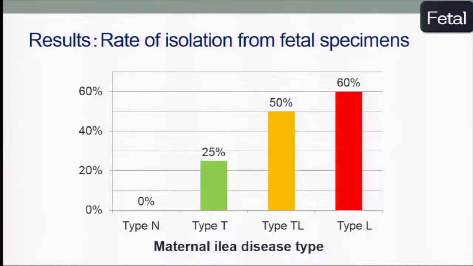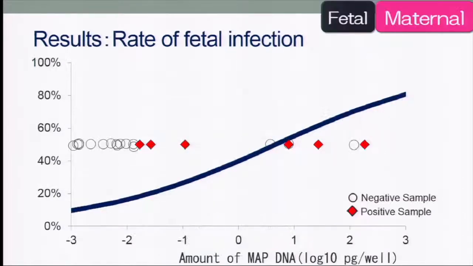This shows the isolation rate of MAP from fetal specimens. MAP was not isolated from the fetus in N-type, while it was found in 25% of T-type, 15% of TL-type, and 60% of L-type. So the isolation rate of MAP from fetuses increased depending on the severity of histopathological types.